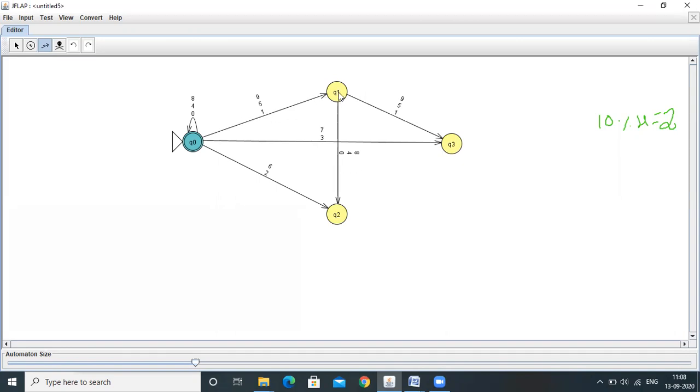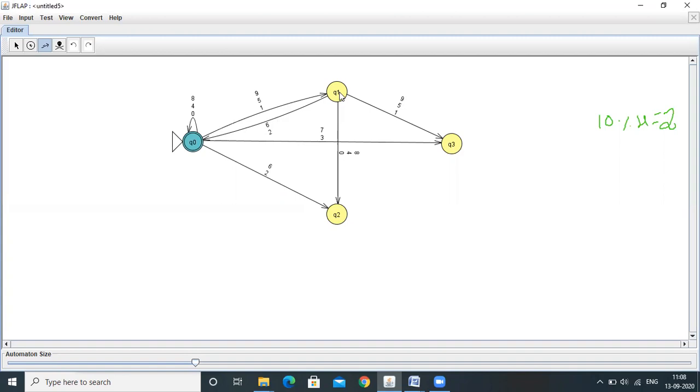Q1 on 6 gives 16. 16 modulo 4, remainder is 0. Q1 on 2 becomes 12. 12 modulo 4, remainder is 0. Now 62 is defined, 840 is defined, and 951 is defined; 73 is pending.